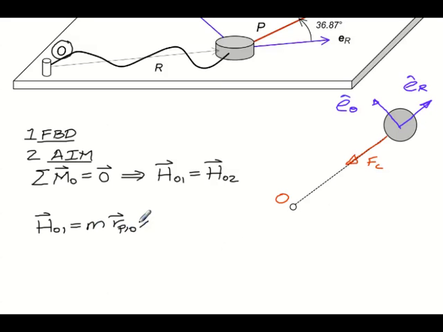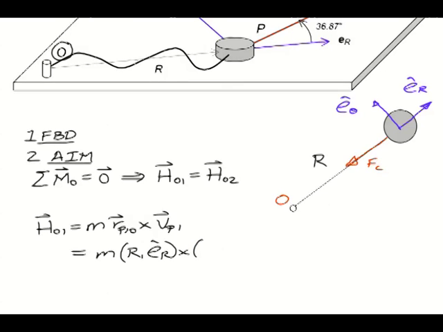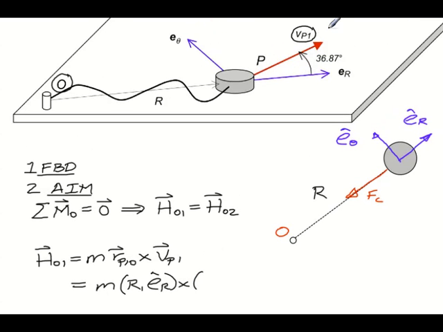R is referenced back to point O. So the position vector for P is the distance R1 in the ER direction. For VP1, we need to project this velocity onto ER and E theta.